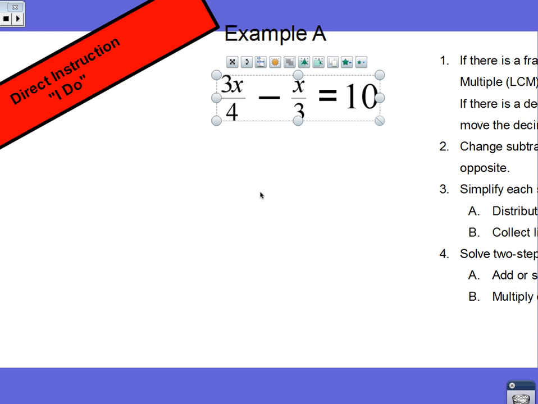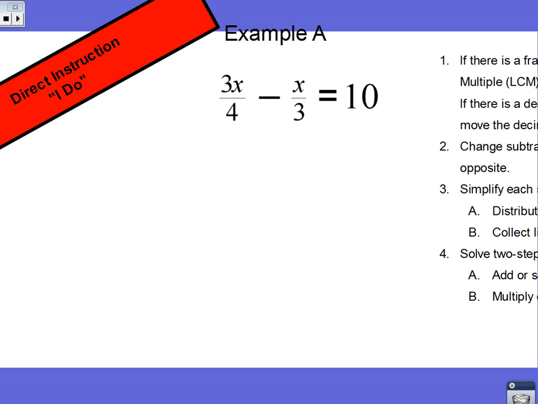Okay. So the first thing I'm going to do is look for an LCM. Remember, LCM is the least common multiple, or the first number that, in this case, my denominators go into. I'm looking at my problem, and my denominators are a 4 and a 3. Now, you might remember back in the olden days in elementary school, when you had fractions, you had to make common denominators, and you used the LCM to help you.